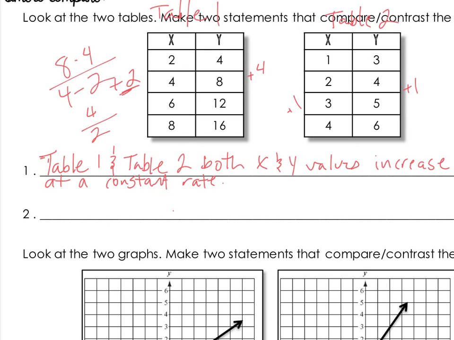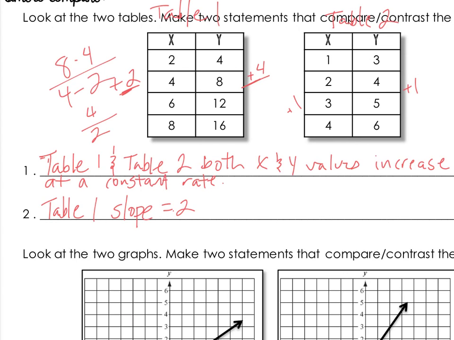Interestingly enough, those happen to be these two numbers. So table 1 has a slope of positive 2.